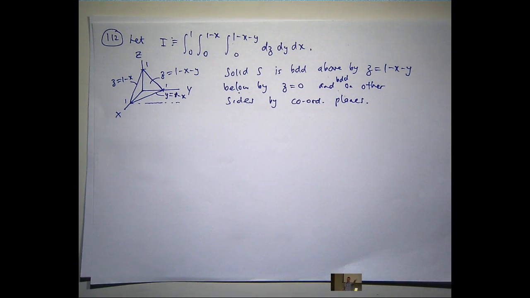So, what is I here? Let's interpret it as a volume. I is just the volume of that tetrahedron.